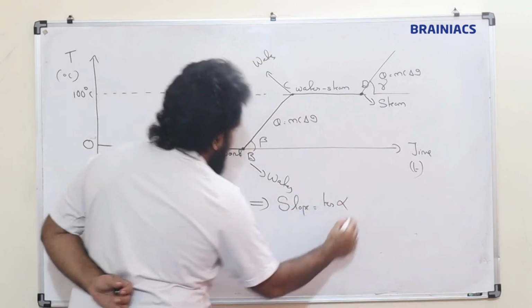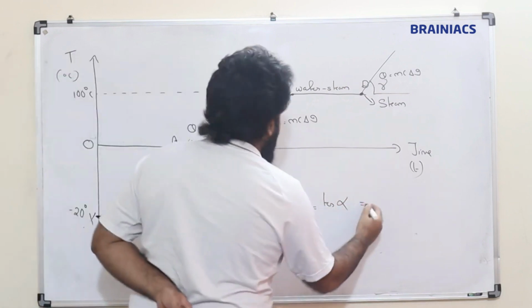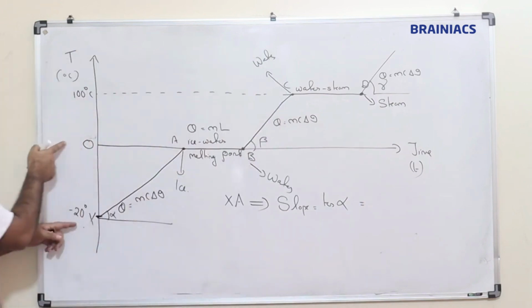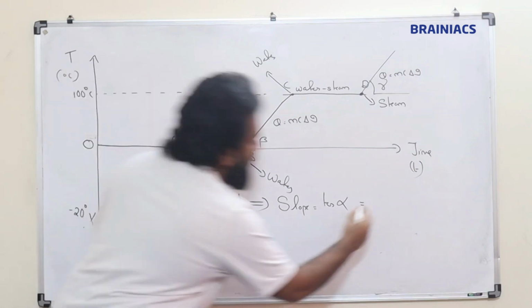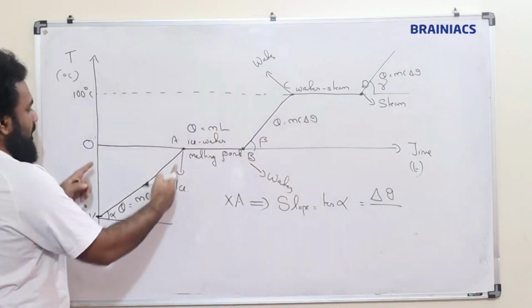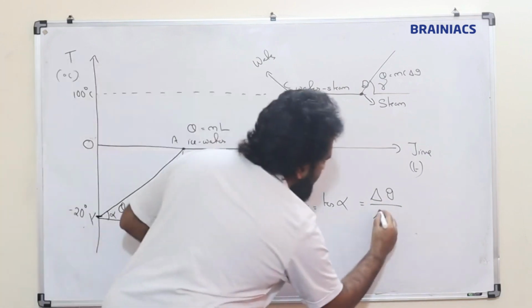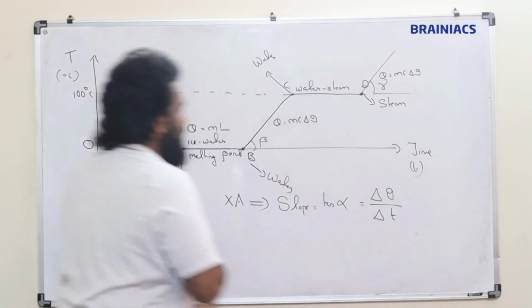Slope is equal to tan alpha. So what is tan alpha? Tan alpha is nothing but the change in temperature, delta theta, divided by the change in time, delta t.